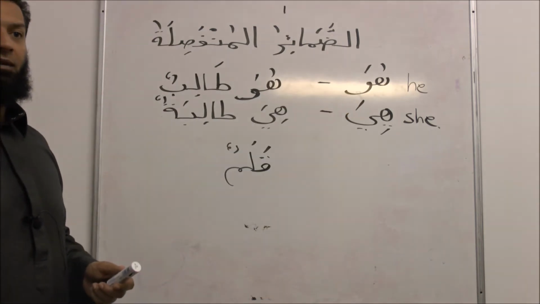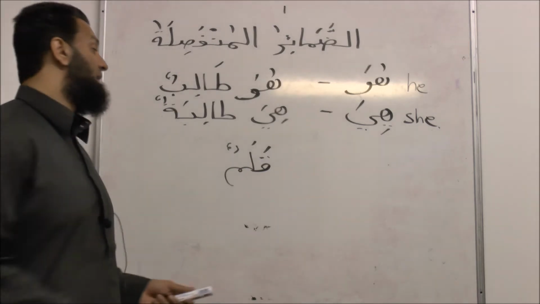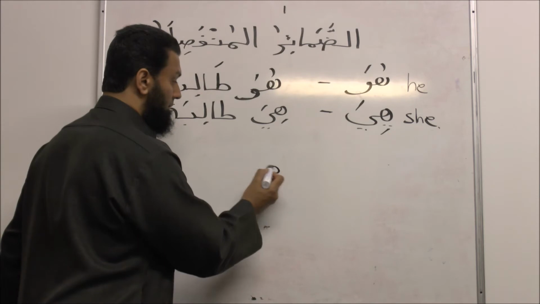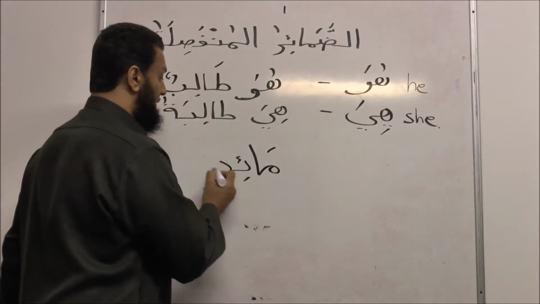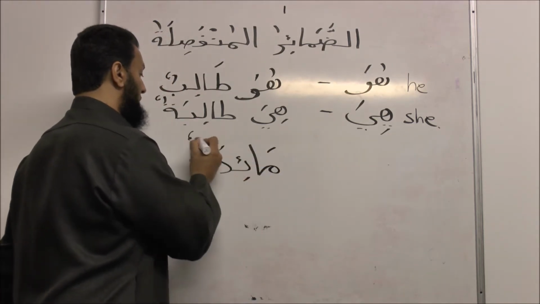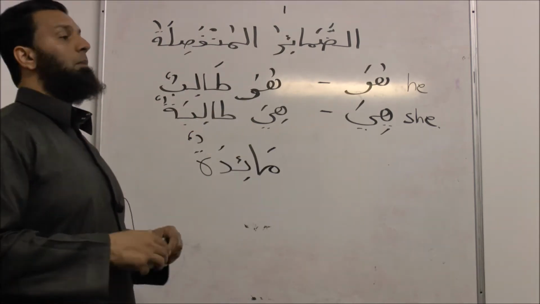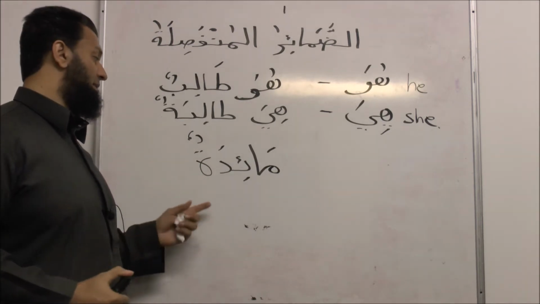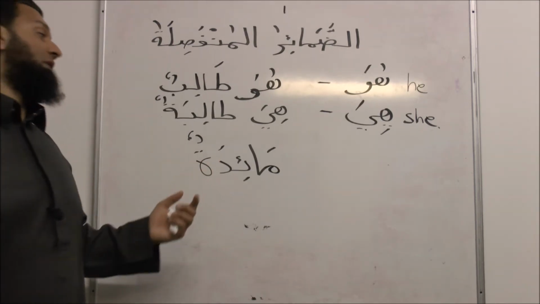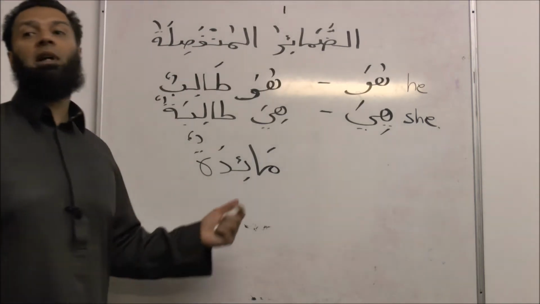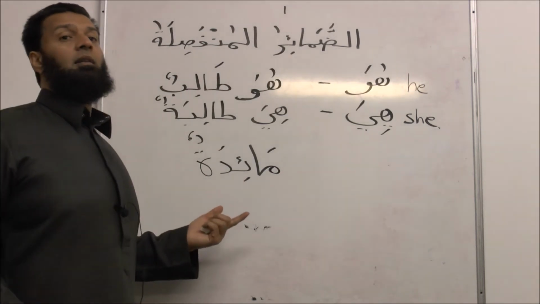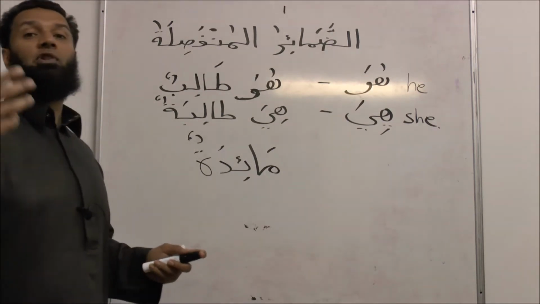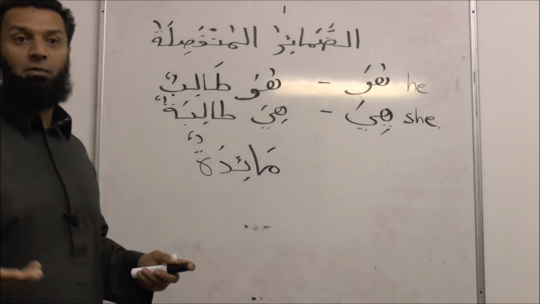We can't say hiya. Similarly, if I write, for example, ma'idatun on the board. Ma'idatun means a table, actually a table laden with food, spread with food.